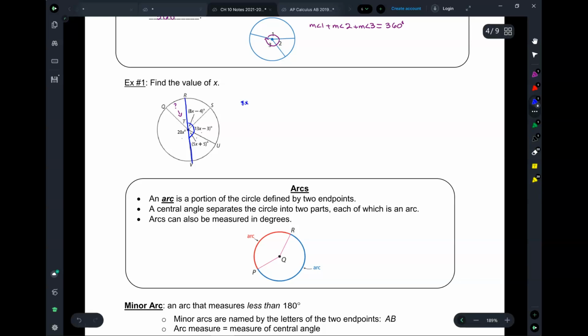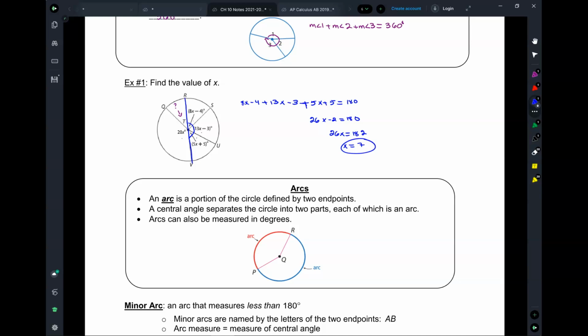So 8x minus 4 plus 13x minus 3 plus 5x plus 5 is equal to 180 degrees. If you add these up, 26x minus 2 is equal to 180 degrees. 26x is 182, so x is 7.